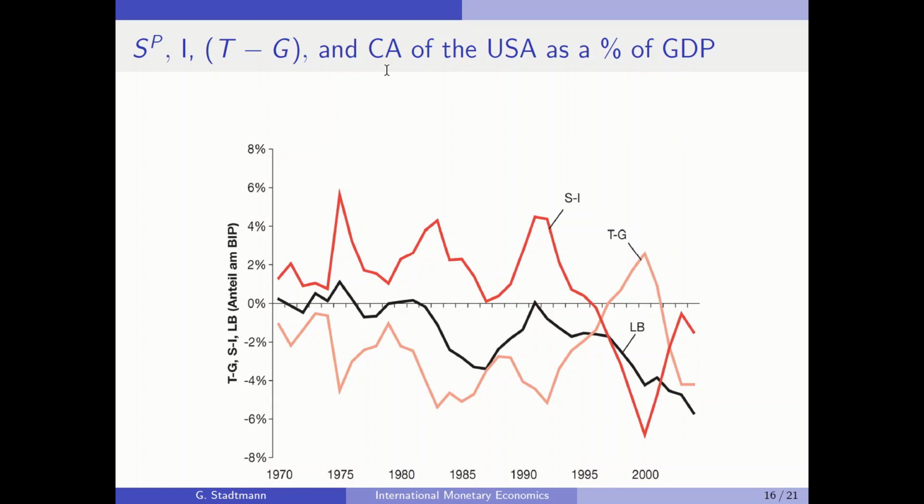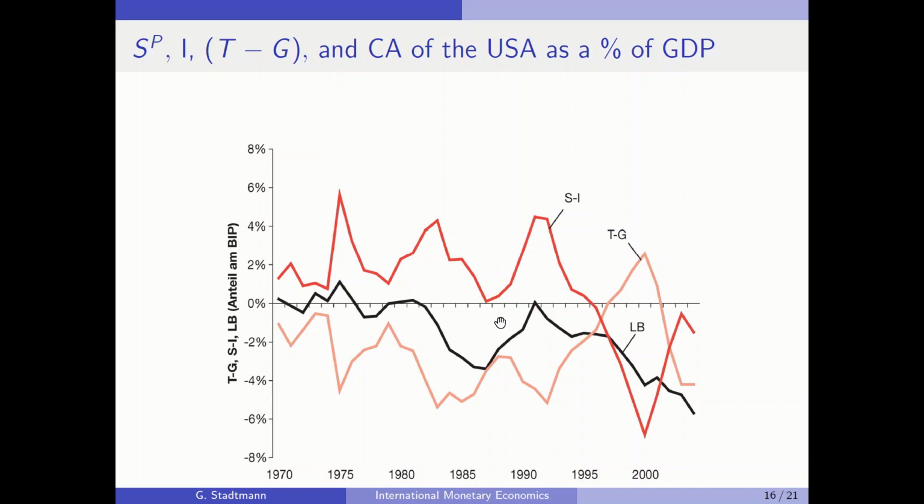One important relationship is that the US was more or less always running a government budget deficit. So this light red line here is always below this line. So the government budget is running a deficit.